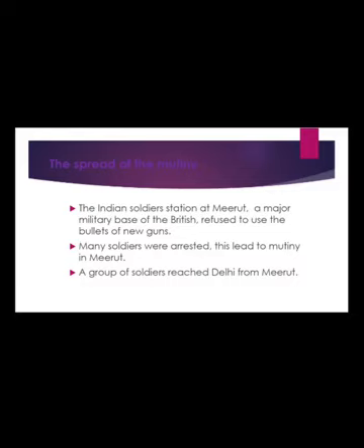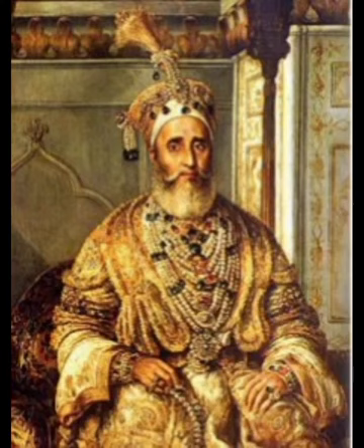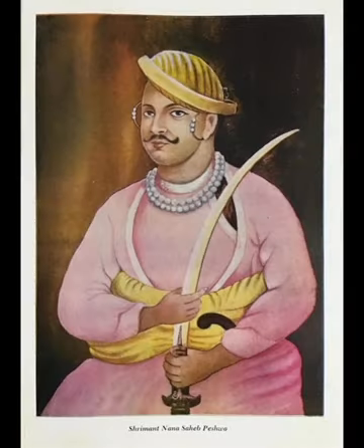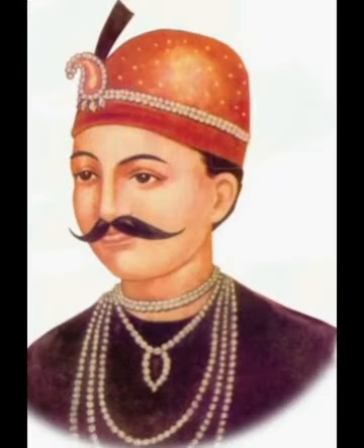From Meerut, they marched to Delhi. They entered the Red Fort and declared the Mughal king Bahadur Shah II as the Emperor of India. Nana Sahib of Kanpur rose in revolt. Tatya Tope was his assistant.